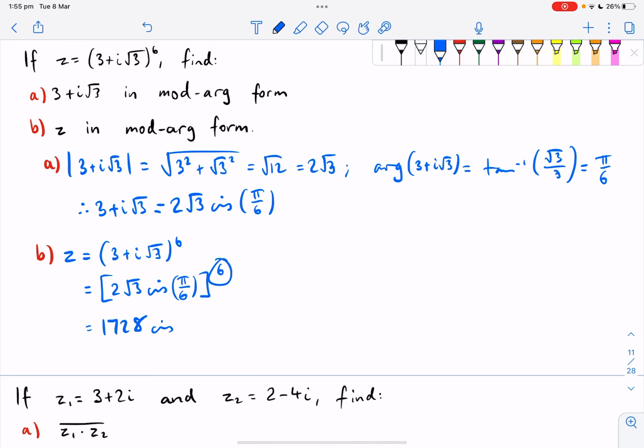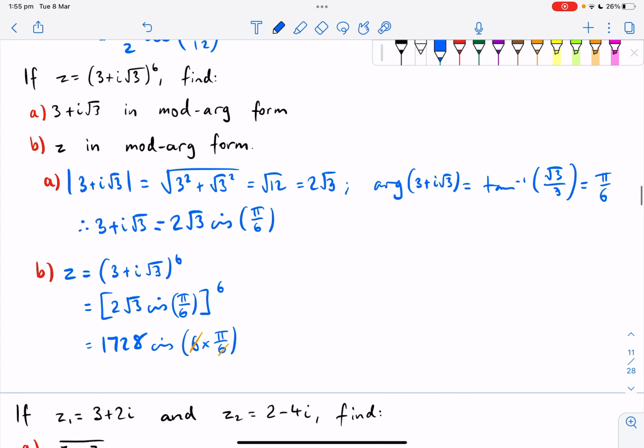And here we literally multiply 6 by pi on 6, and as you can see, the 6's will cancel. So really all I'm doing is cis pi. Alright, so Z equals 1728 cis pi.